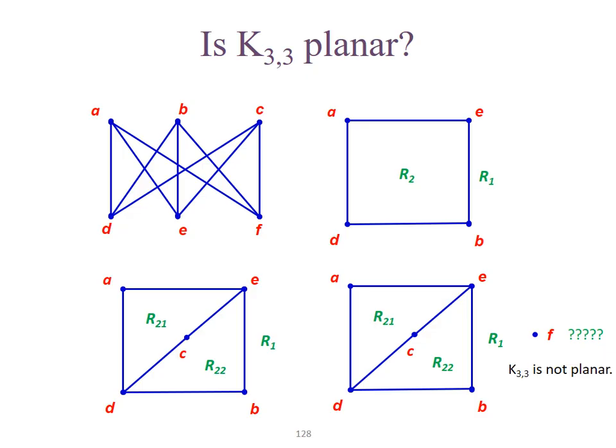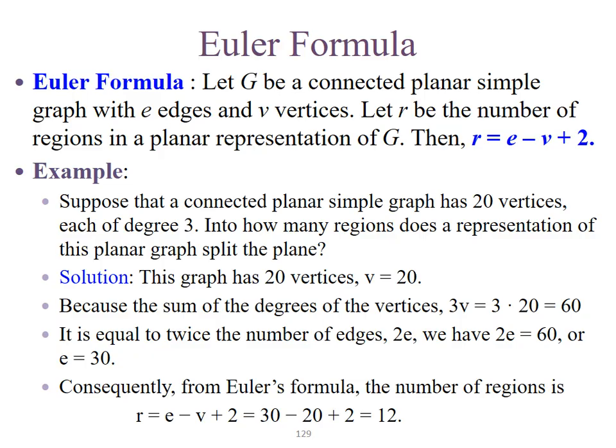In this case, we have two regions for this graph. In this graph, we have three regions. So we call the number of regions of this graph R, and the formula tells us R equals E minus V plus 2. Okay, so this is called Euler's formula.